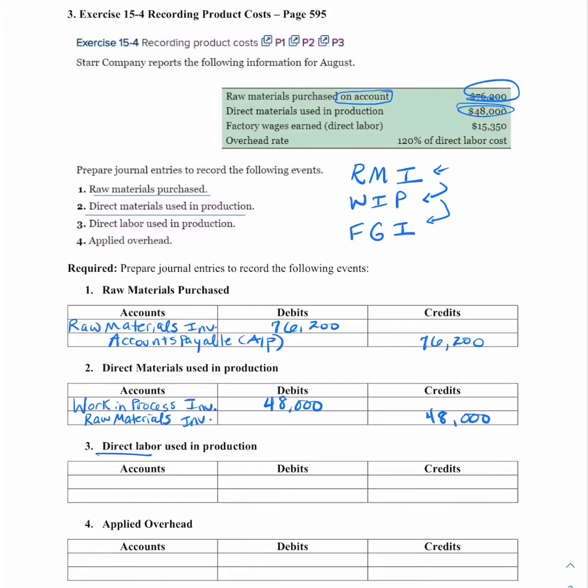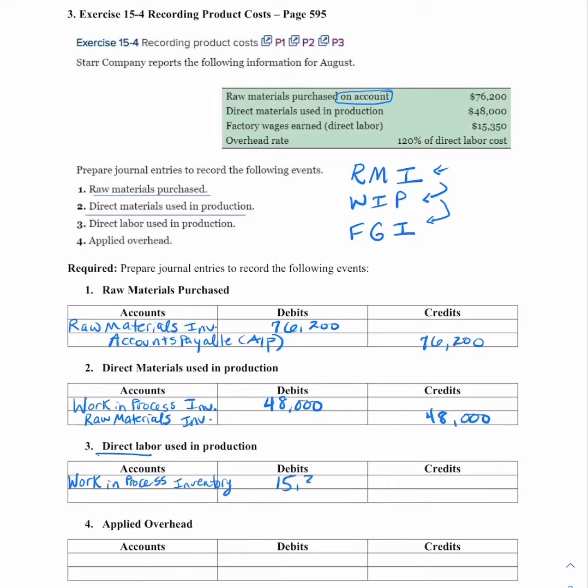So just like the direct materials, the direct labor will go to work in process inventory. So we're just putting it into the same position as those direct materials so that all those costs associated with transforming these raw materials into the finished good are all kept together. It makes it nice and clean.